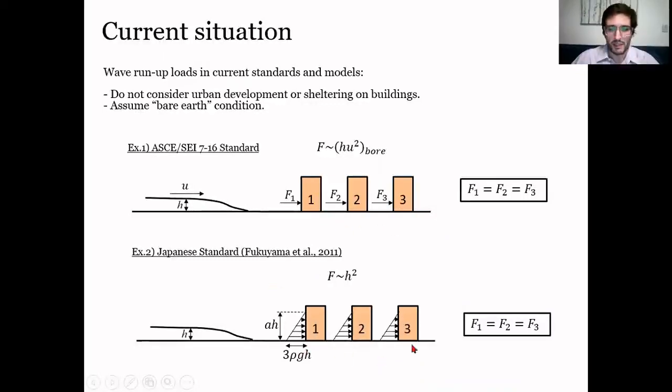Same as for the Japanese standard. Building number 2 has some shelter provided by building number 1, and building number 3 has some shelter provided by building number 1 or 2. And this is not accounted for in the standards.